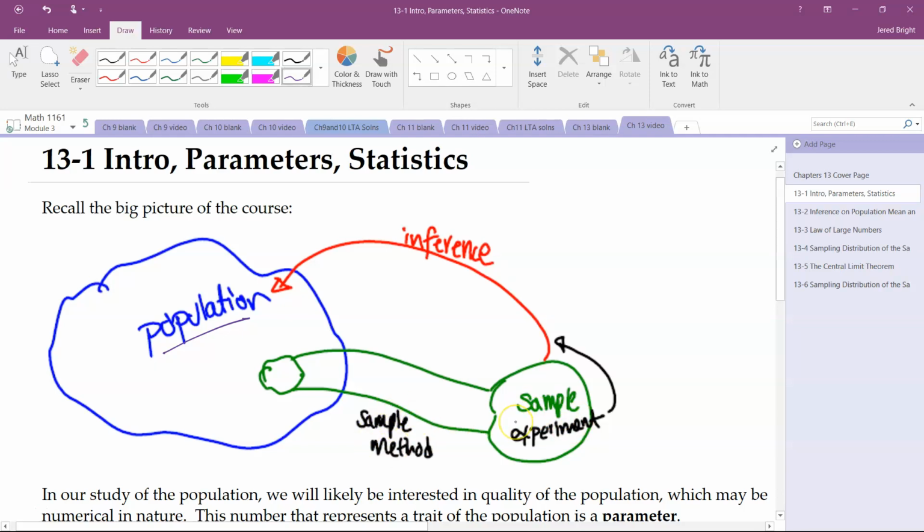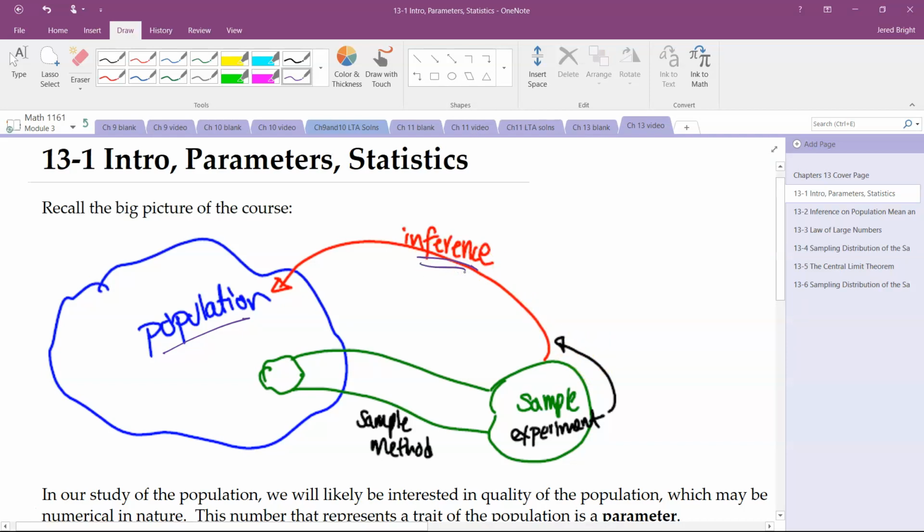Once we get a sample selected, we can conduct our experiment. And then with the experiment, that allows us to do some math on it and make an inference back to the population to say something meaningful about the population. That's still the overall picture of the course, and we're starting this bridge here of where we can start to do some inference.